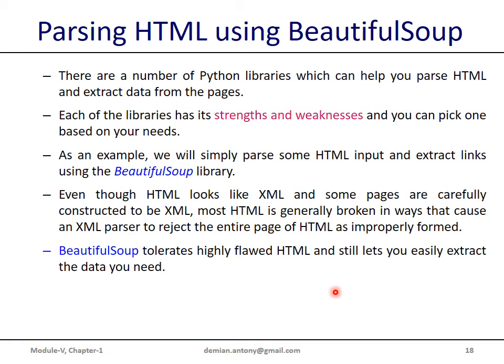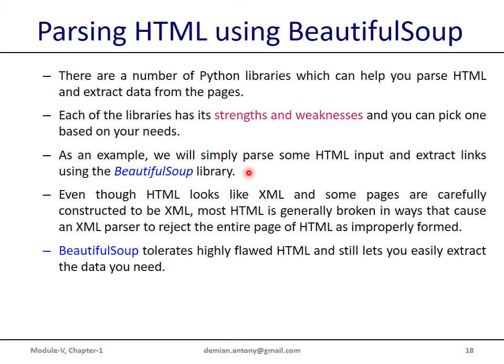Each of these libraries has its own strengths and limitations, and the programmer needs to pick the most suitable one for the application based on its requirements. One such simple library available in Python for parsing and extracting data is called the BeautifulSoup library. This parses both HTML as well as XML.